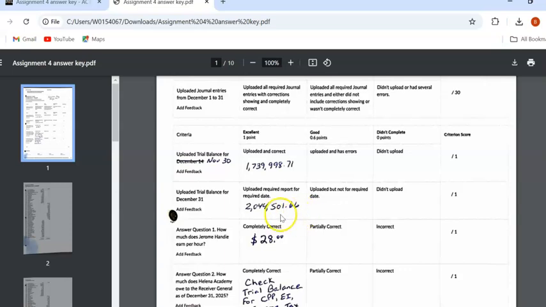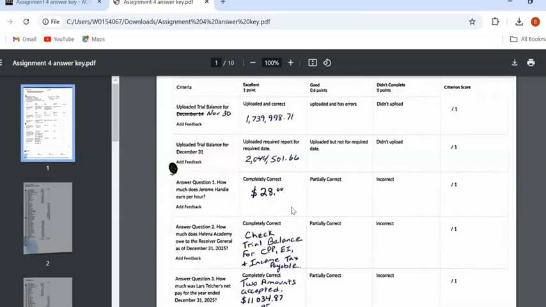That is the amount it should have been. However, it did not take off points if it didn't match perfectly, because of course where you're going to lose your points is in the actual journal entry itself. So as long as you uploaded the December 31st trial balance from the work that you did, you got full points for that.